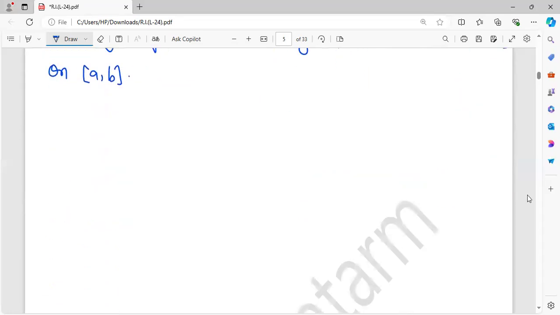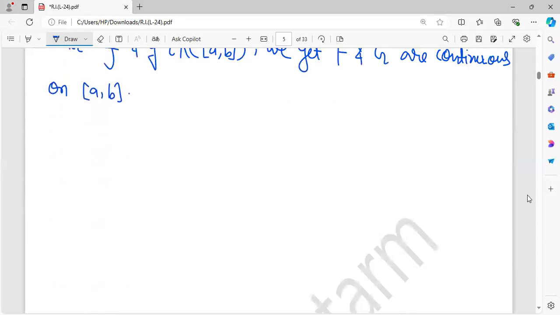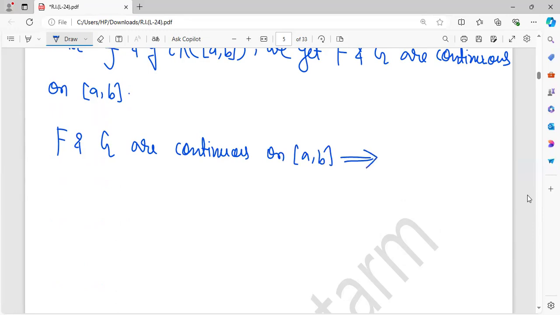Continuous functions are bounded. F and G are continuous on AB. This implies continuous functions on a closed and bounded interval are always bounded. So capital F and G are bounded on the closed interval AB.